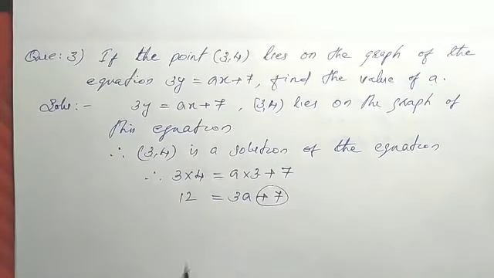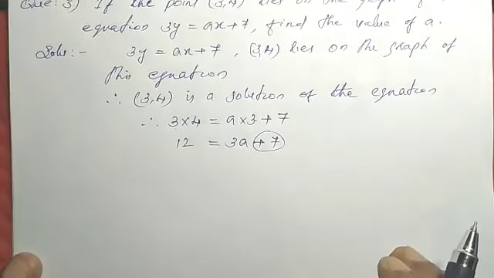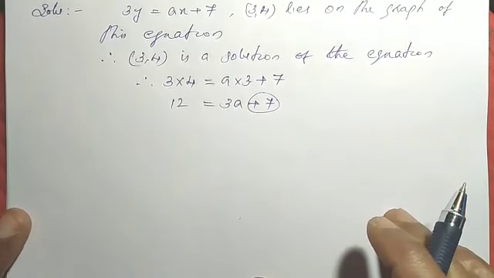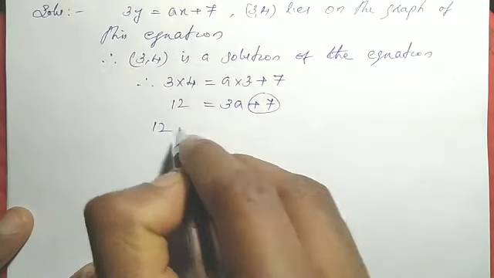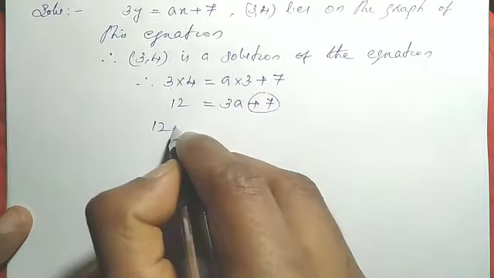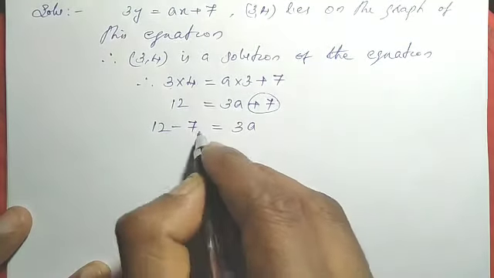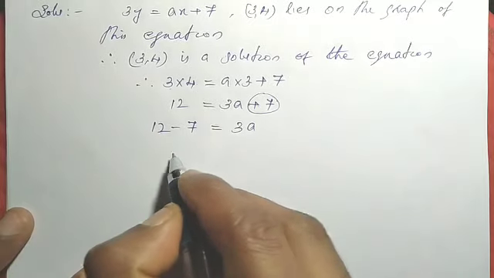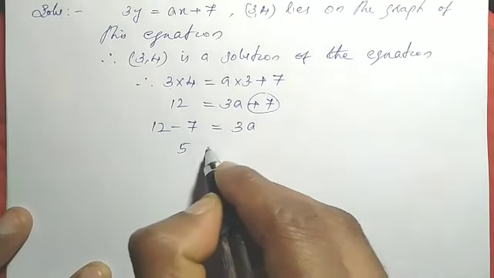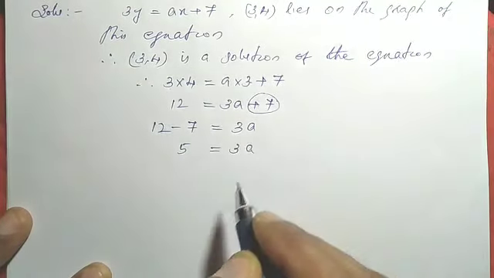Plus 7 we will transpose to the left side. Transposing to the left side we will get 12 minus 7 is equal to 3a. 12 minus 7 is equal to 5. 5 is equal to 3a.